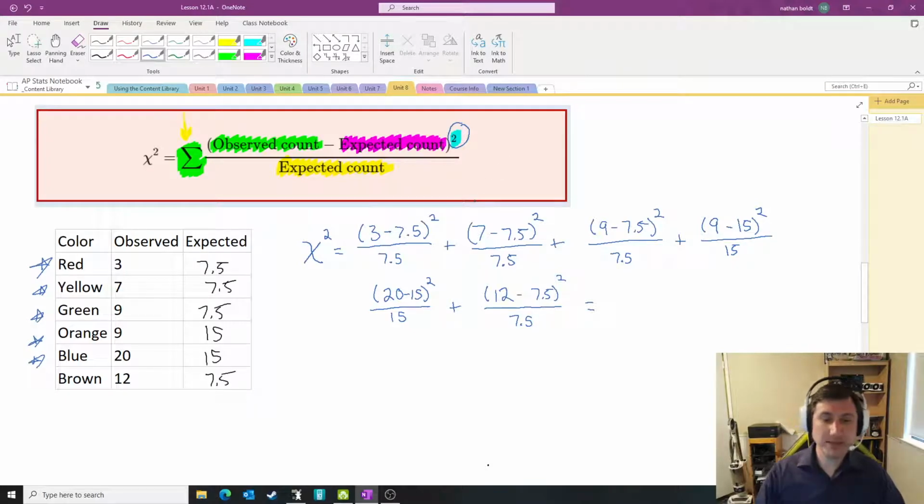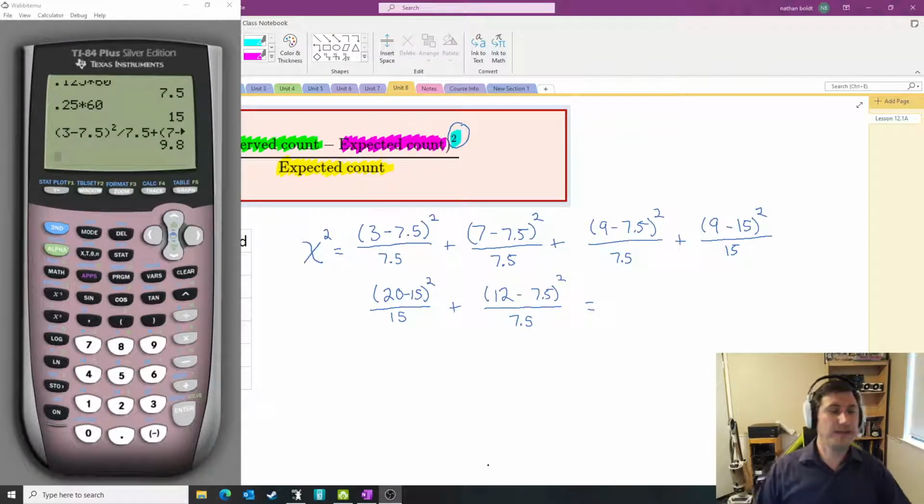Okay, so I'm going to type all this into the calculator. I'm going to pause my video. You can pause the video and type all that in. I don't know if you need to actually watch me do that. So I'm going to trust that you type that in yourself. All right, I did it. I typed that whole thing into the calculator right here, and I got 9.8.